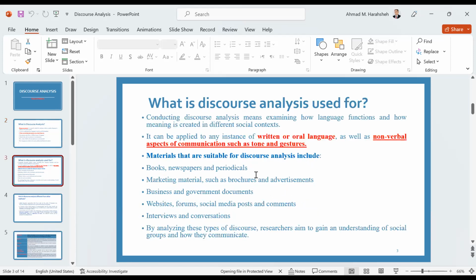What is discourse analysis used for? Conducting discourse analysis means examining how language functions and how meaning is created in different social settings. As I said, it can be applied to any instance of written or oral discourse, as well as non-verbal aspects of communication, such as tone or gestures, body language in general.